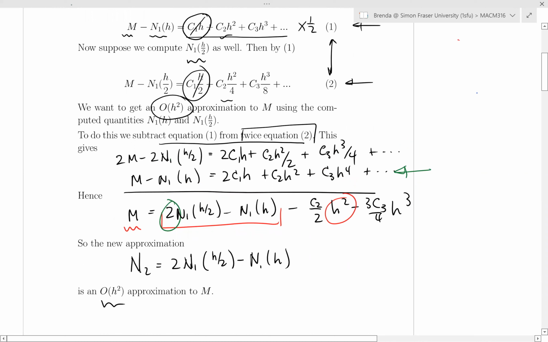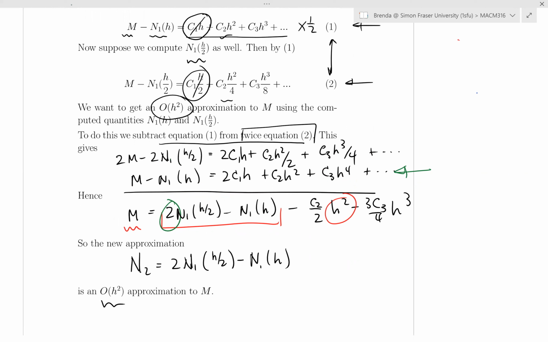I multiplied equation 2. Did I make a mistake? No, hang on.